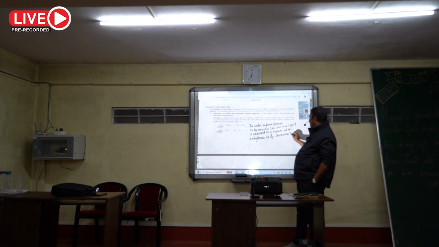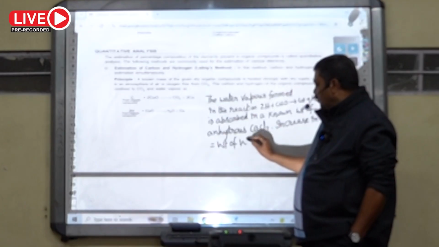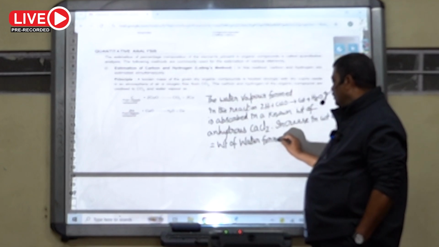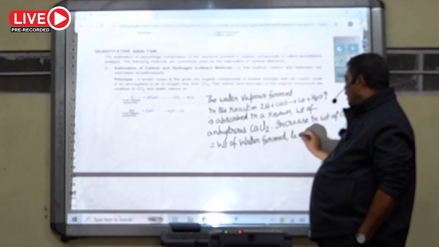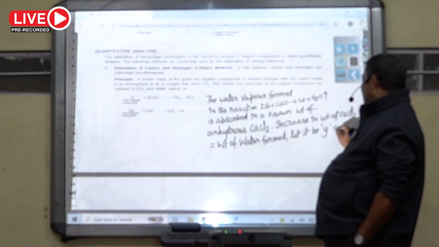The increase in weight of CaCl2 is equal to weight of water formed. Let it be some Y grams.